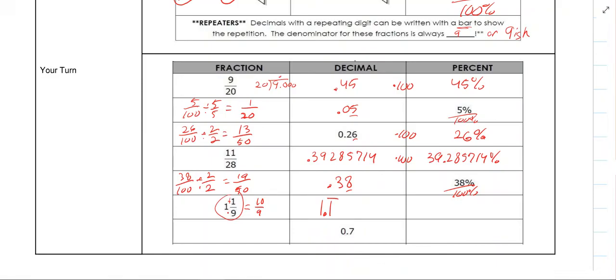All right, and then we go down here to the percent. So we're going to multiply this by 100, and that's going to be 111.1, and we don't have repeating percent, so we're going to round it there.